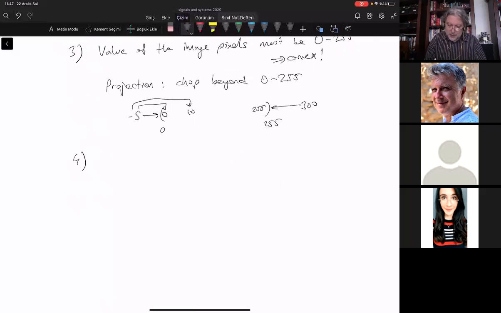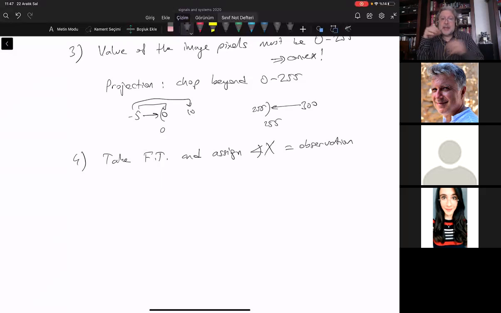At step 4, you take the Fourier transform and assign the angle of x to be the observation. Now, this is our starting point. We take the Fourier transform of it. Now the magnitudes have some values, and the angles are also changed. They change to some amount. Now I replace all those angles.